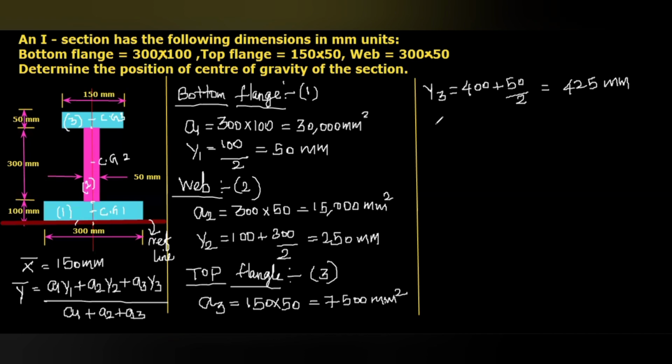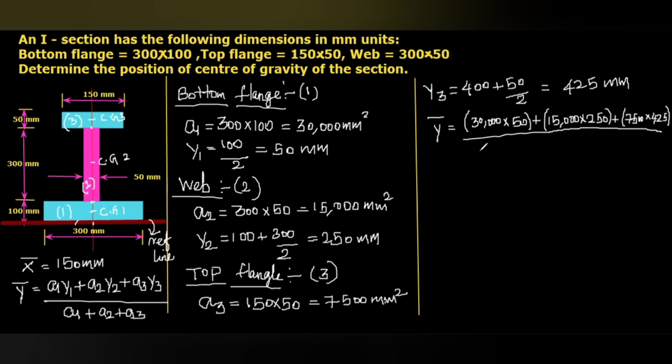So now all the values we have, substitute in the formula. Y bar equals A1, 30,000 multiplied with Y1, 50, plus A2, 15,000 mm square multiplied with Y2, 250 mm, plus A3, that is 7,500 multiplied with Y3, 425 mm, divided by the addition of the three areas A1, A2, A3.